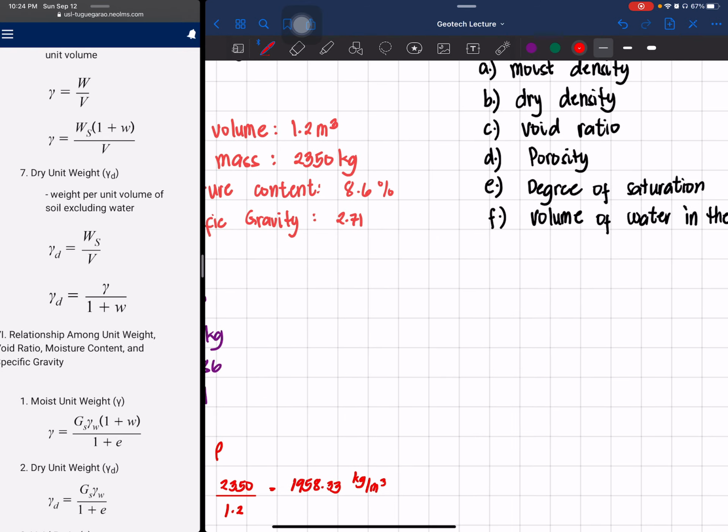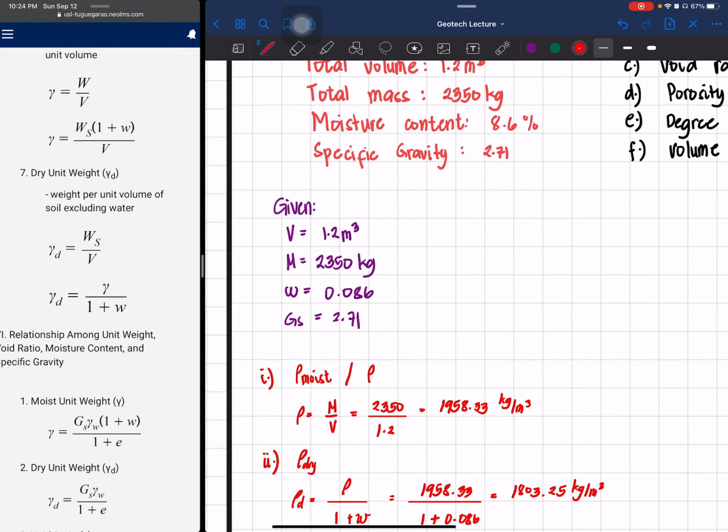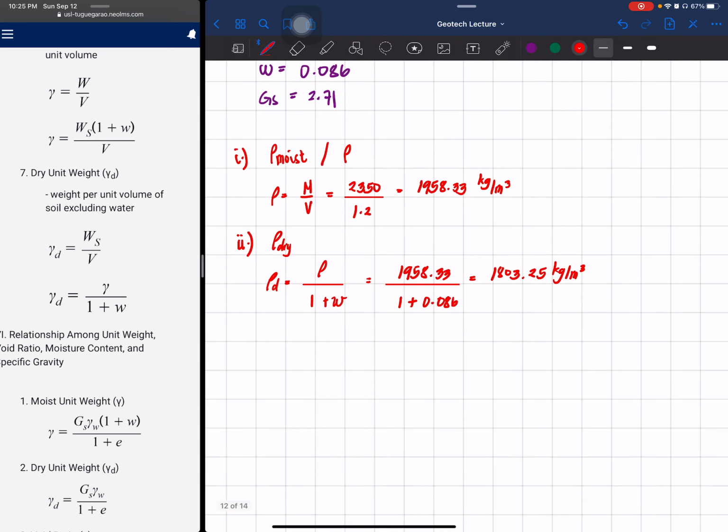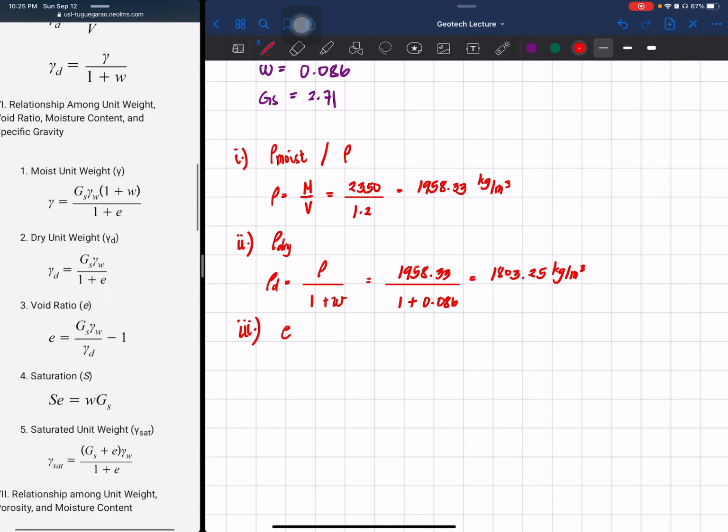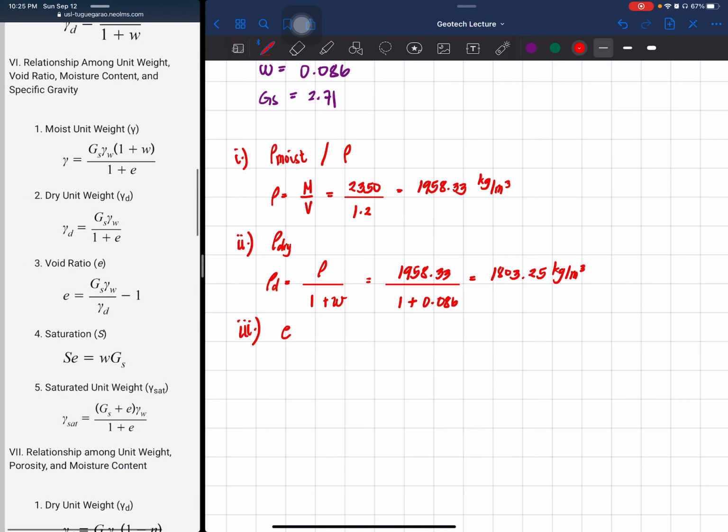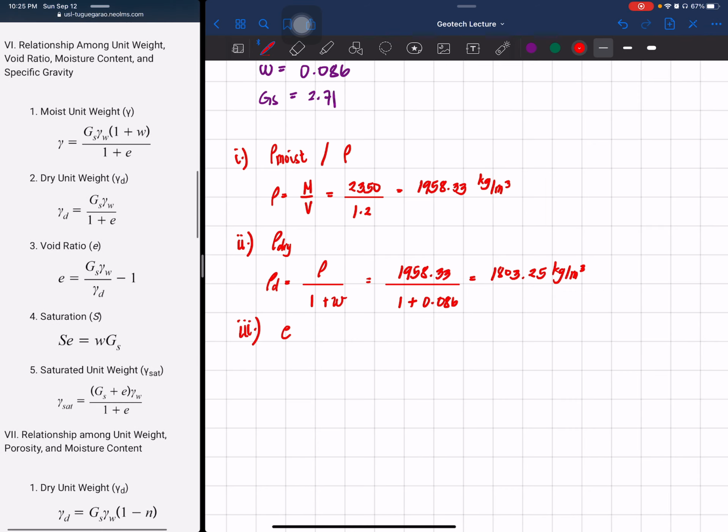Next thing that we're going to calculate is the void ratio. We have a lot of given for this particular one, but I think we can use the Roman numeral number 6, number 2 formula for the dry unit weight because we already have the rho dry.